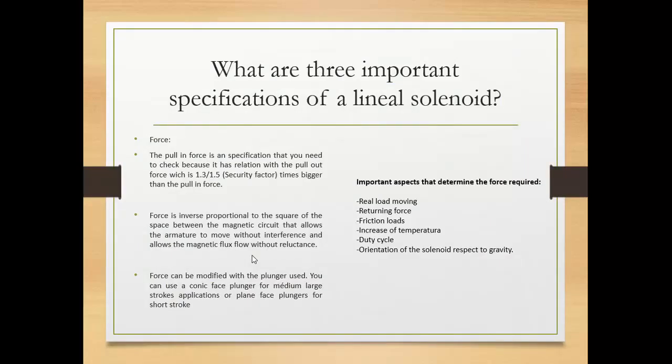Another important spec of a linear solenoid is the force that we mentioned before. There's a security factor between the release, the pull-out force and the pulling force, and it is a relation of 1.3 to 1.5.